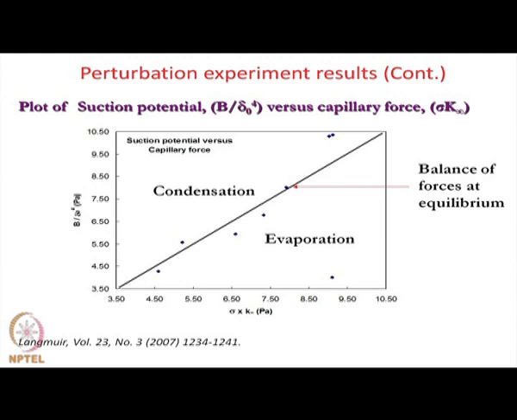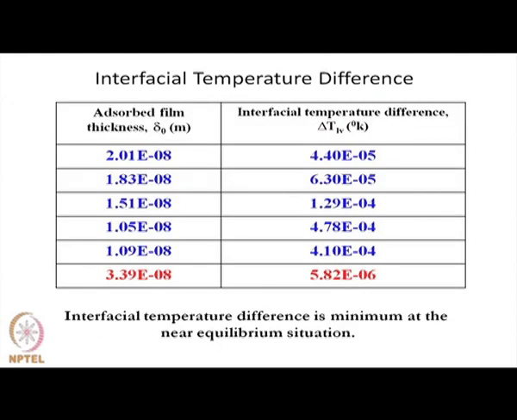So, that point denotes a situation in which the two forces are balanced, and this situation can be called an equilibrium situation. If you look at the interfacial temperature differences, you would see that the difference, the red one, the last one, as calculated from the experimental data, is 2 orders of magnitude smaller than the other cases.